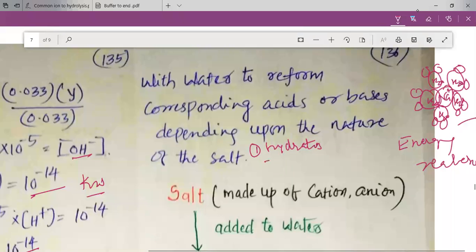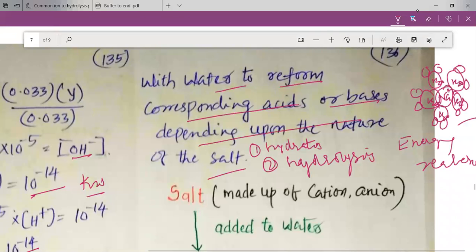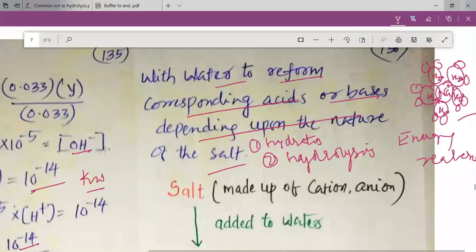The other possible process is known as hydrolysis. Let us see. These ions can react with water, and when they react with water, they reform the corresponding acids or bases depending upon the nature of the salt. So let us understand this.